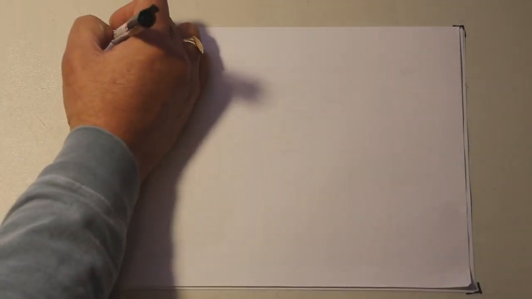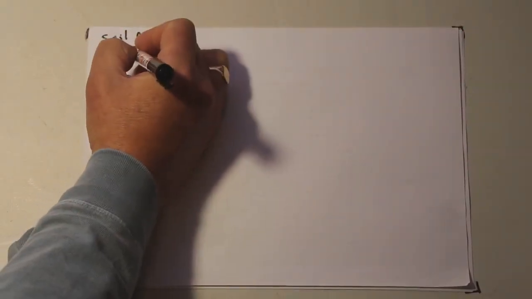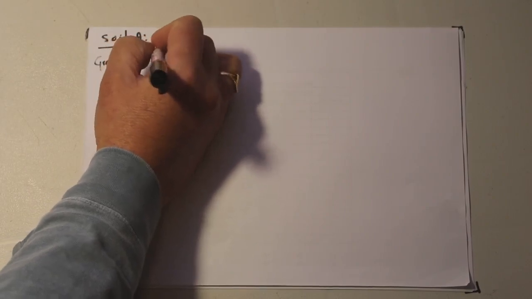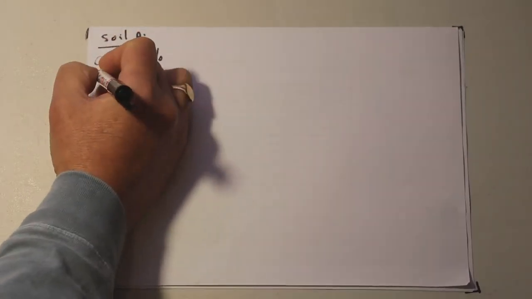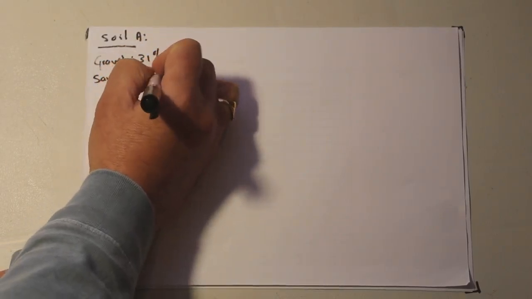So if we look at the soil table, for soil A, the gravel is 31% and the sand is 66%.